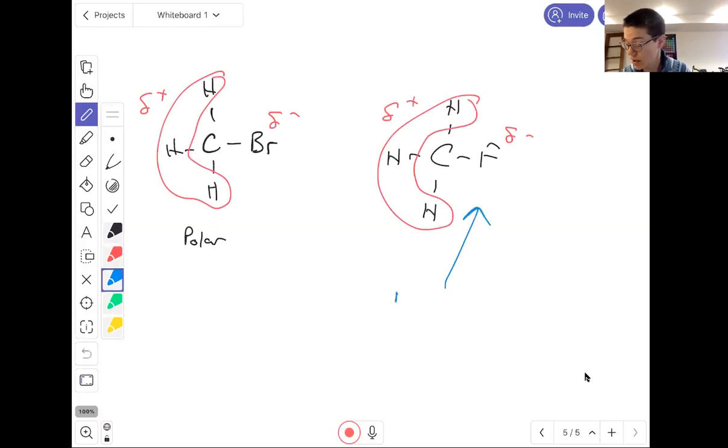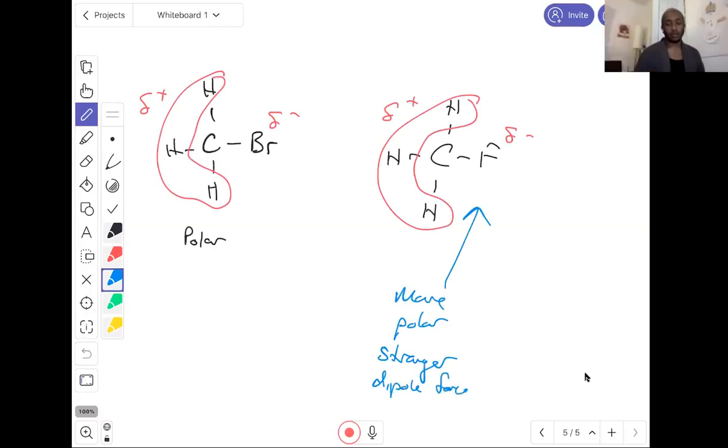This one is more polar and would have stronger dipole forces, because it's more polar. But I can make that distinction because these are similar size and shape. Okay, that was my question.